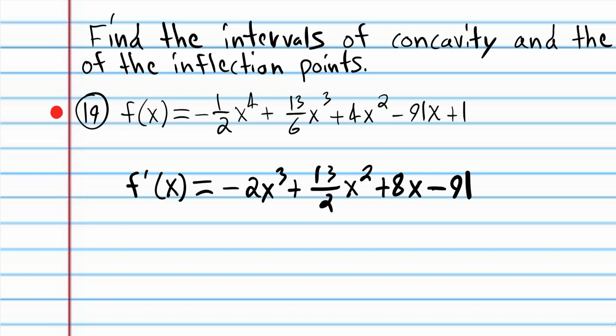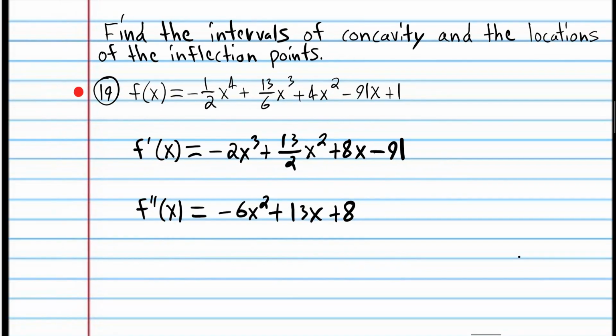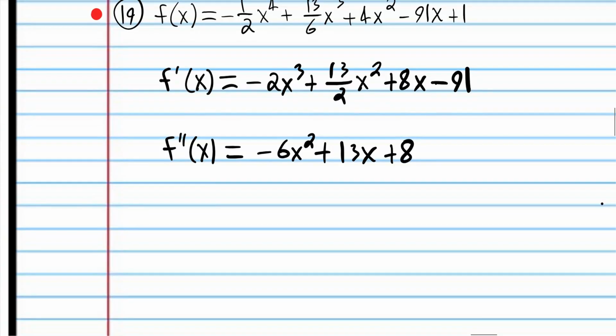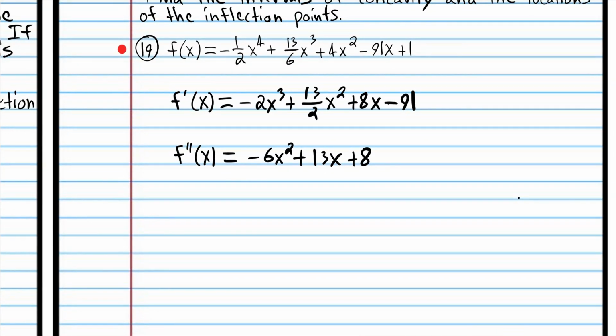So now let's find the second derivative. So that is the second derivative. And now what we have to do is make a sign chart and figure out where the second derivative is positive and where it's negative.